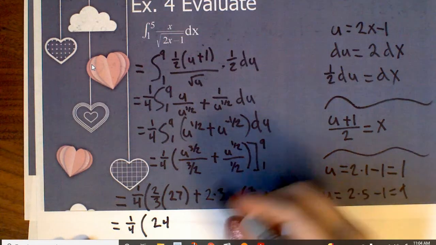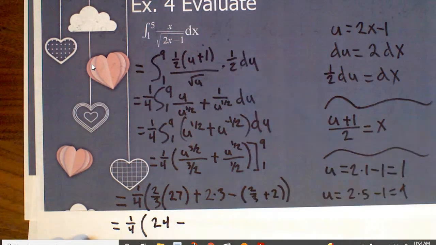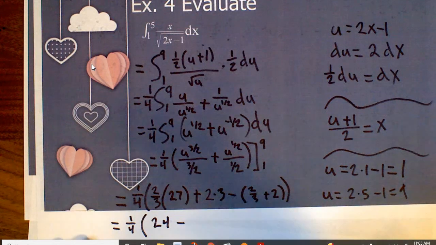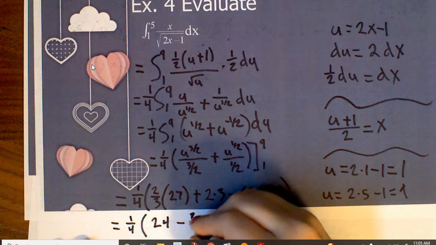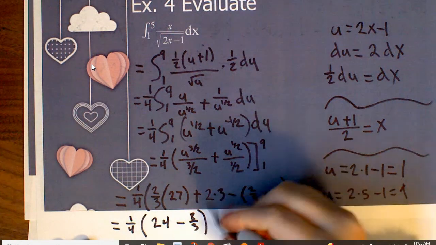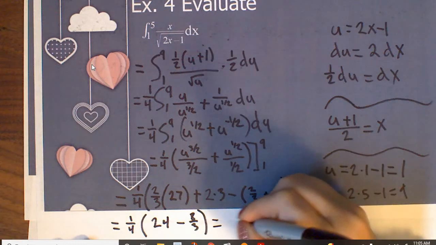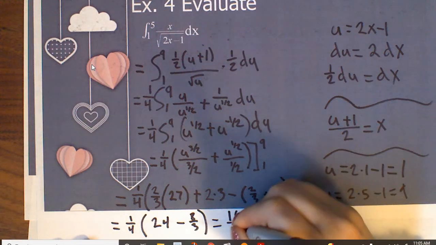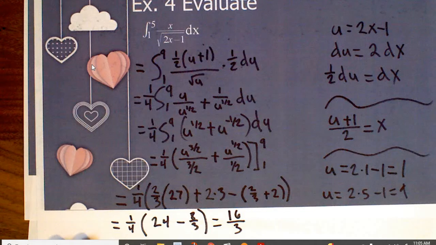And then minus 2/3 plus 2, finding a common denominator, that becomes 8/3. And then simplifying that, multiplying by 1/4, we should get 16/3.